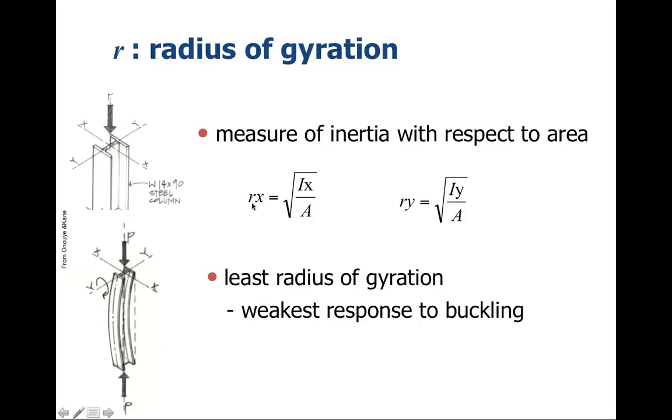So we have R sub x equal to the square root of I sub x over A, versus R sub y, the square root of I sub y over A. So the least radius of gyration represents the weakest response to buckling, or the place that buckling is most likely to occur.